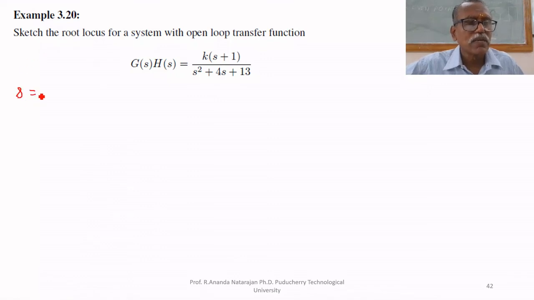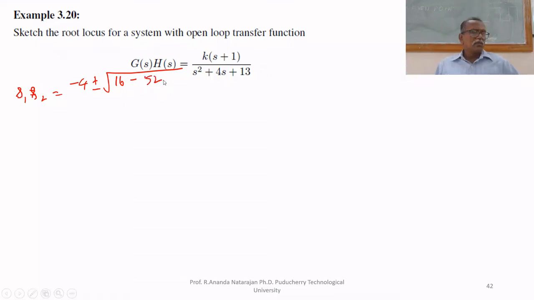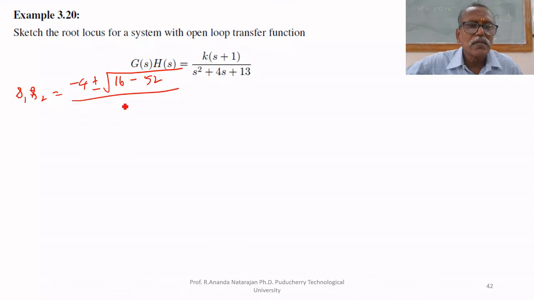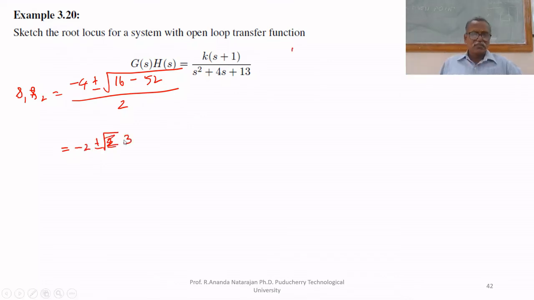Poles S1, S2 equal minus b plus or minus square root of b squared, 16 minus 4ac, 52. What are the poles and zeros? Minus 2 plus or minus j3. The poles are at minus 2 plus or minus j3.